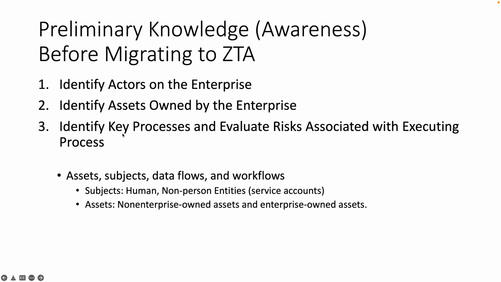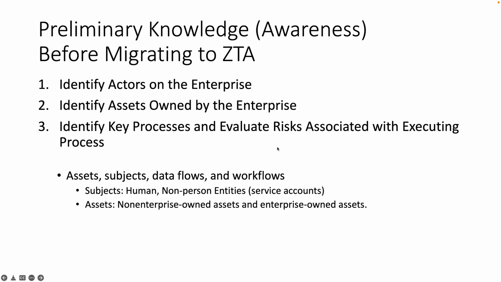Also, in this assessment phase, we need to identify key processes and evaluate risks associated with executing processes. We can consider these 3 steps as preliminary knowledge or preliminary awareness before undertaking an effort to bring zero trust architecture to an enterprise.